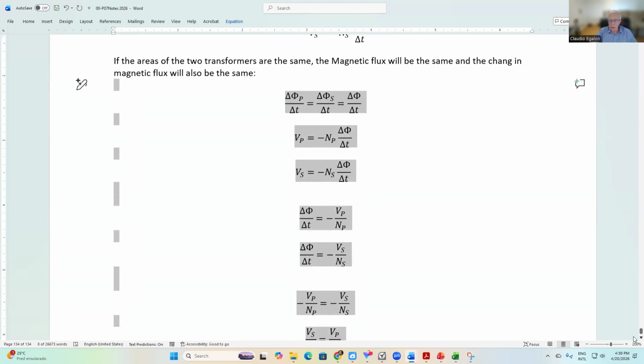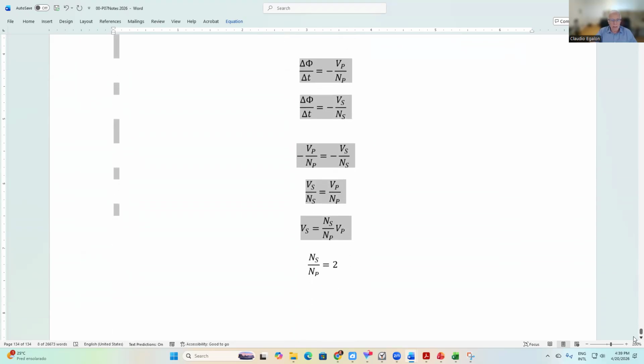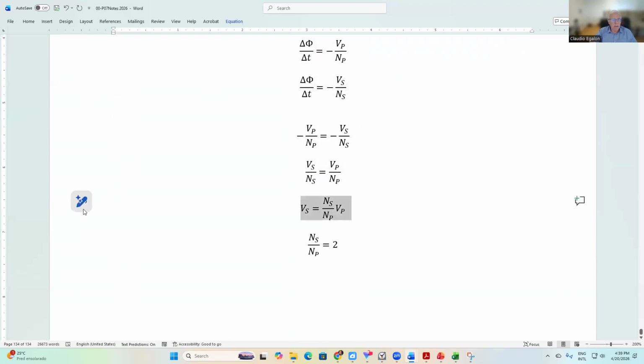What does it mean? It means that the peak voltage in the secondary circuit is going to be twice the peak voltage on the primary circuit. Make sense?